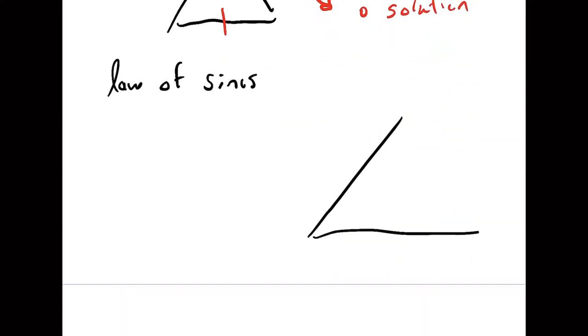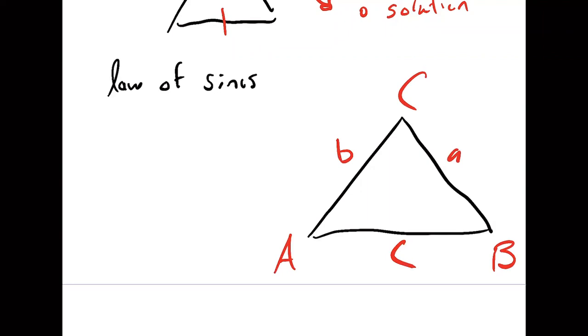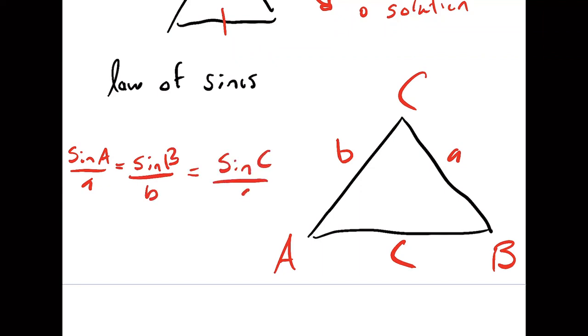We have a standard triangle with angles A, B, and C. The opposite side has length a, b, and c respectively. And we get that sine A over a is equal to sine B over b, and this is equal to sine C over c.